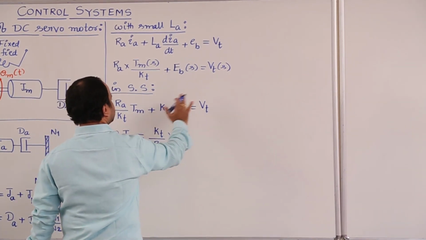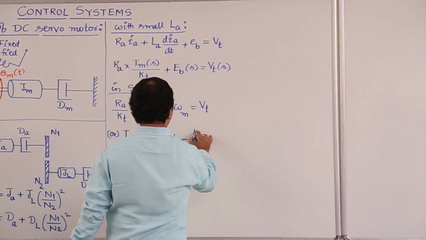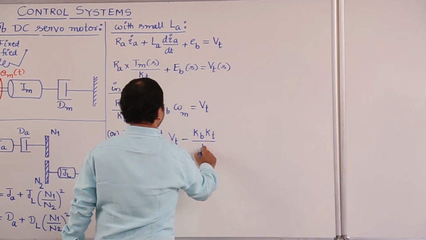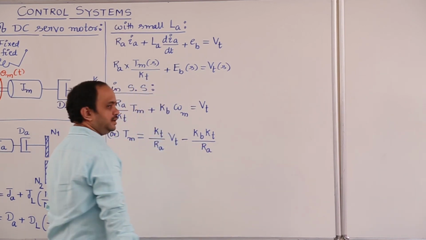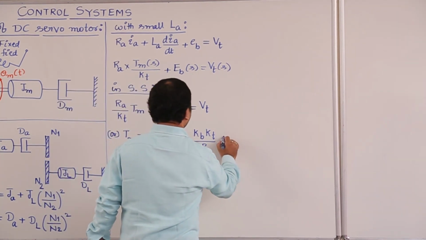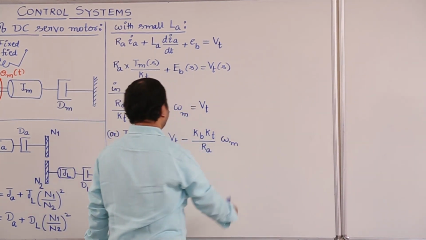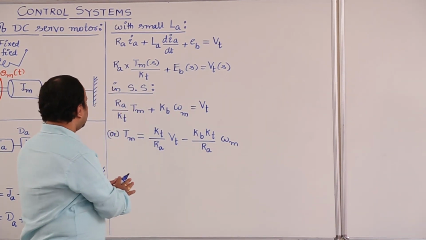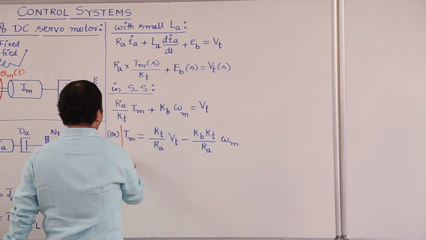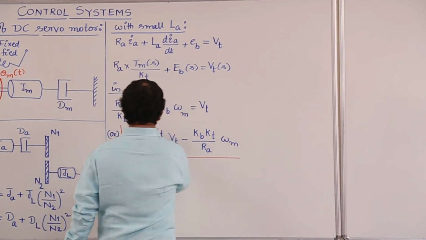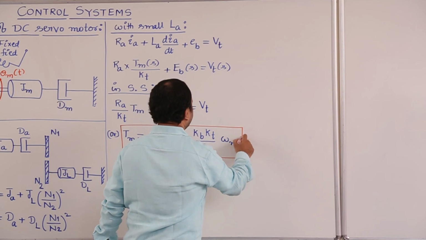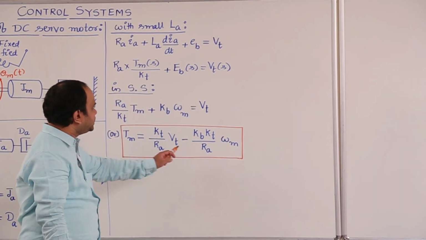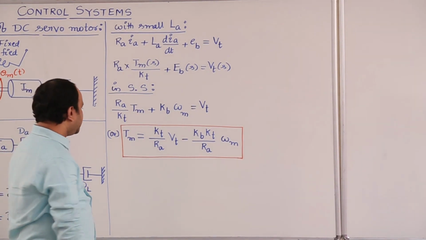Now if I pull this term to the right hand side, minus Kb Kt divided by Ra into omega m. You can consider this a straight line equation, Y is equal to mx plus c format.